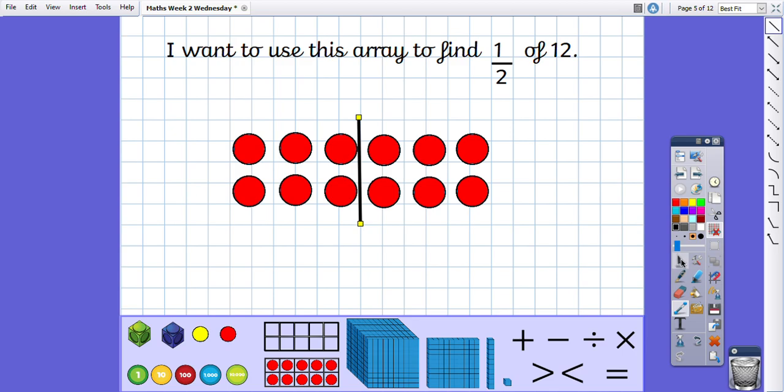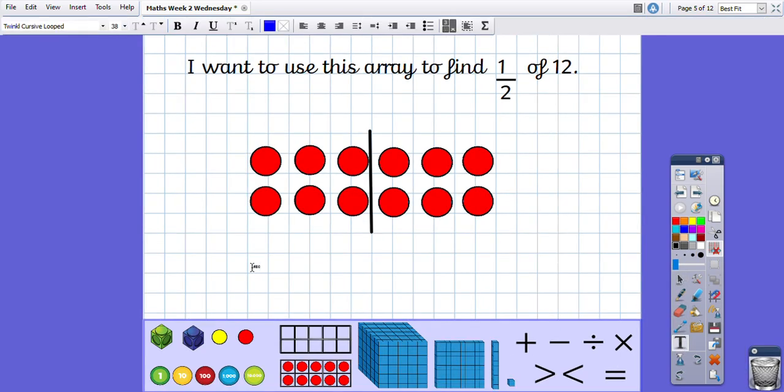So it doesn't matter which way you split your array as long as you've got equal groups. So I know that 1/2 of 12 equals 6. Okay.